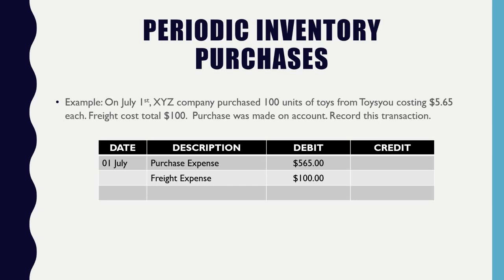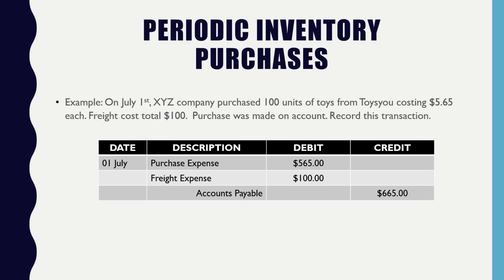In this case, freight cost was $100. So I'm going to list it right there under freight expense. And because I owe it on account, I'm going to recognize an accounts payable, and it's going to be for the grand total amount of $665.